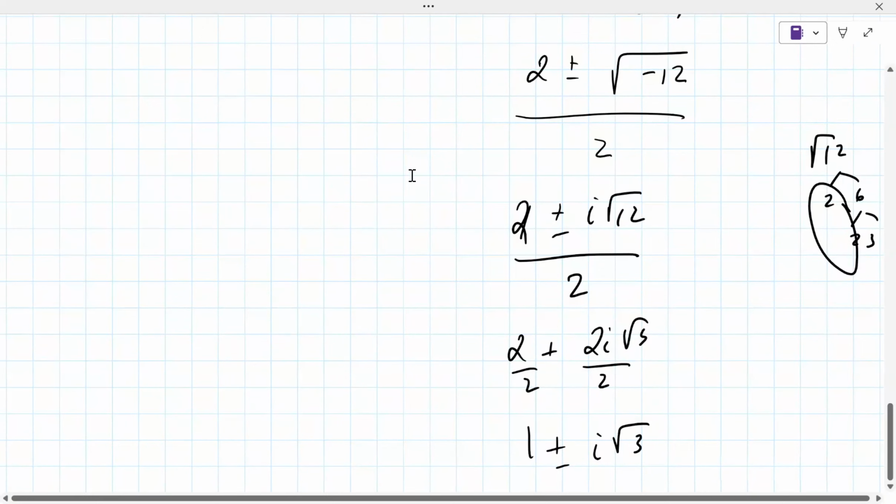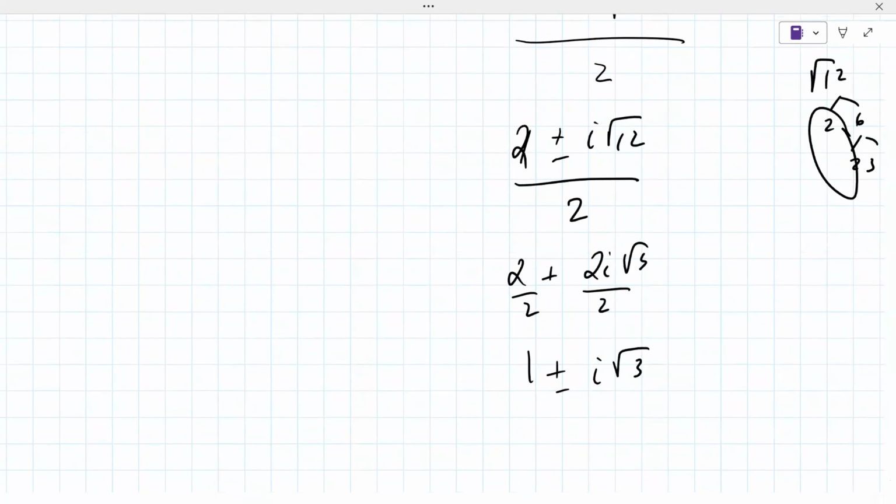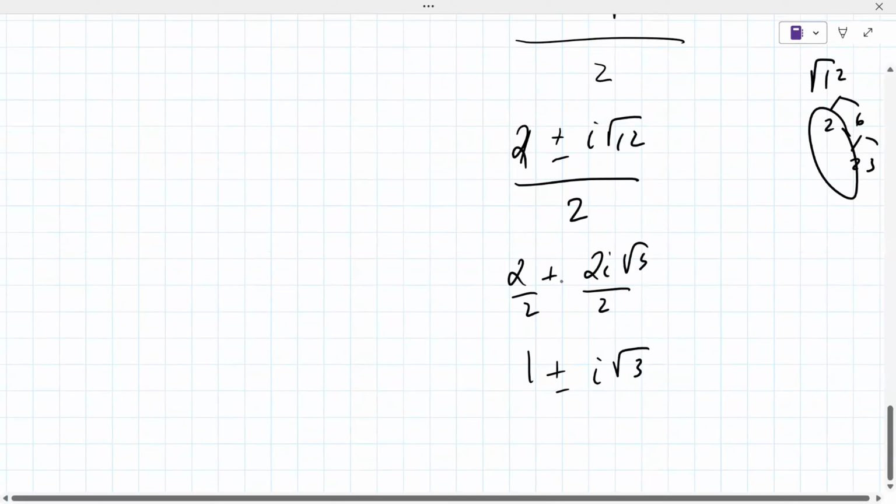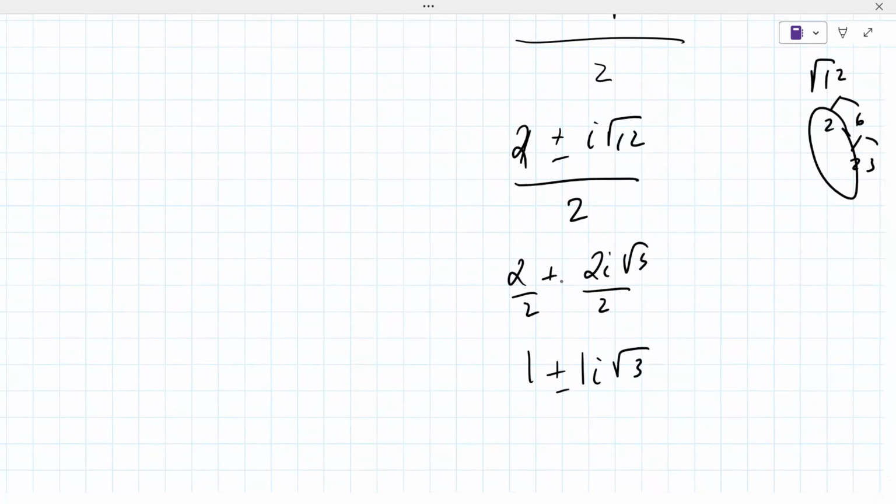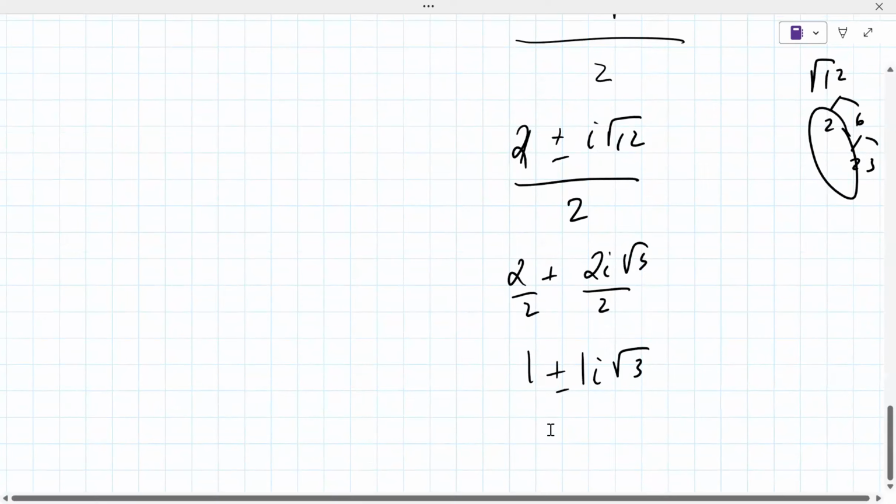Got it. So if you did this long enough, and I kind of alluded to this in one of our lessons, you would see a pattern. This applies to number 8. The 1 and the 1i, it's always the same number in front. Whatever that first number is, that number also appears there.